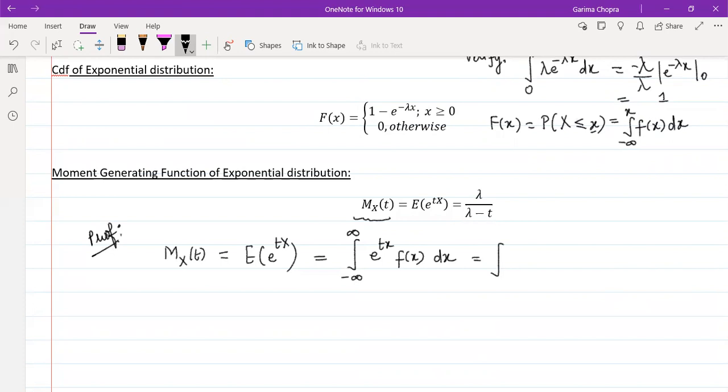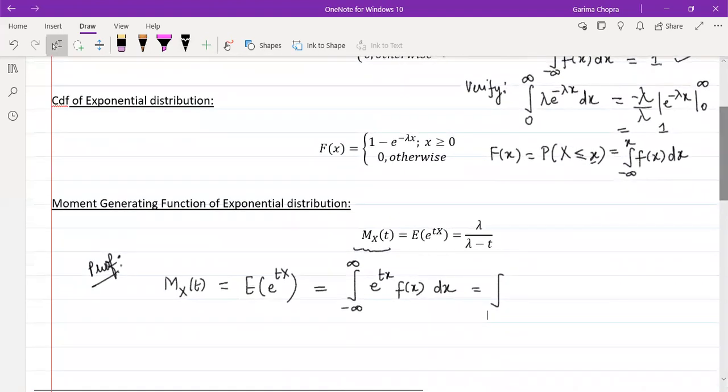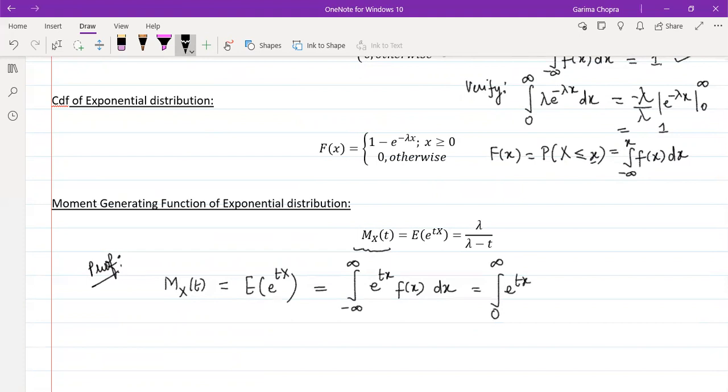When we put fx as per the definition of our probability density function, these limits will reduce to 0 to infinity. And let us put here the probability density function, which is lambda e raised to the power minus lambda x, and we have to integrate it with respect to x.